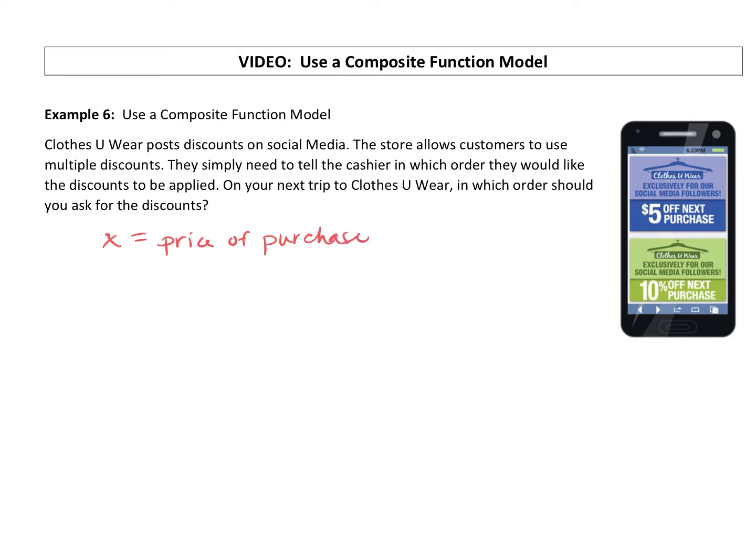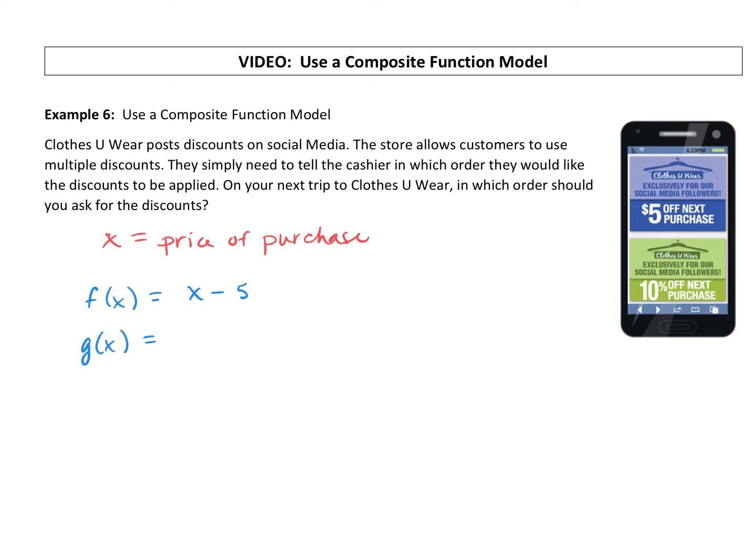All right, so we had two different discounts. One of them says that you can take $5 off your purchase. So we're going to define that function f of x as the price of the purchase, x, minus $5, which will give us the total price with that discount. The other discount says that you can take 10% off your next purchase. So we're going to call that one g of x.